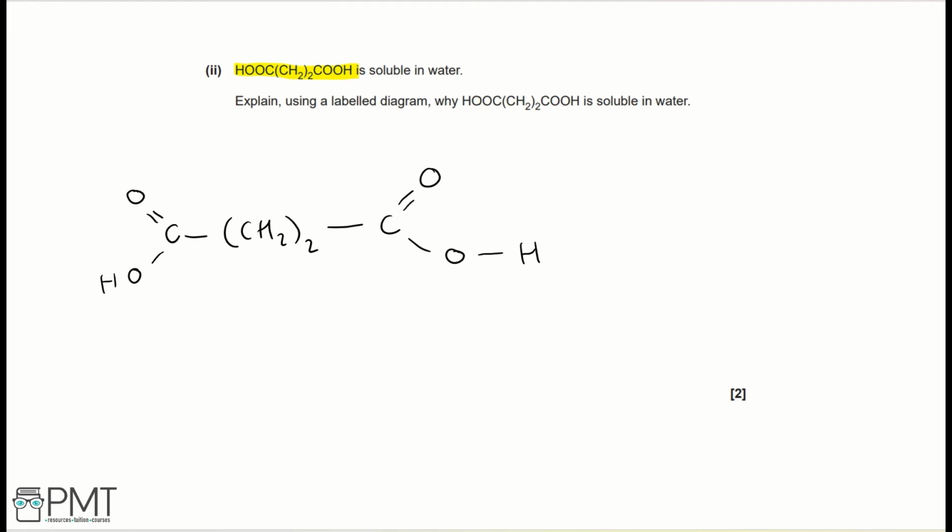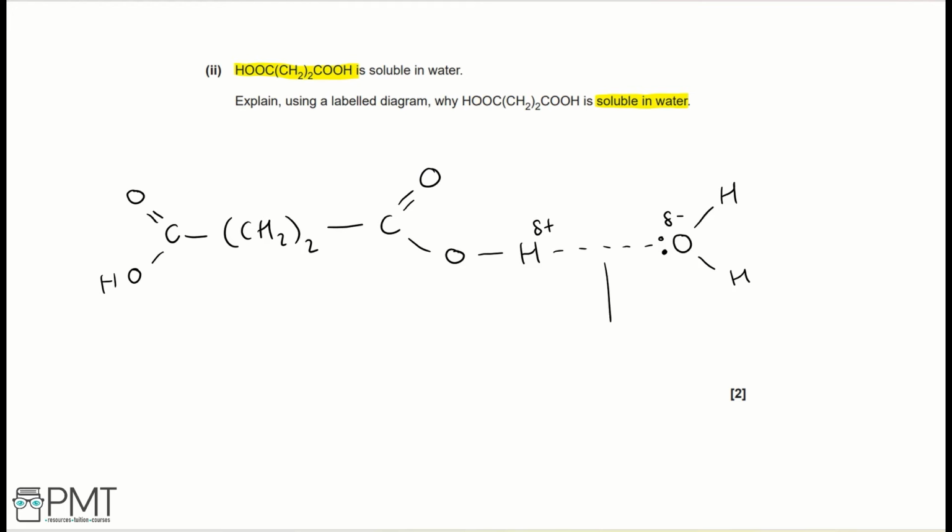So if something is soluble in water, this means that it can bond with water. The most common bonds with water are going to be hydrogen bonds. So for a hydrogen bond with water, we can have the lone pair on the oxygen of the H2O, our two hydrogens, a negative dipole on the oxygen, and a positive dipole on the hydrogen.